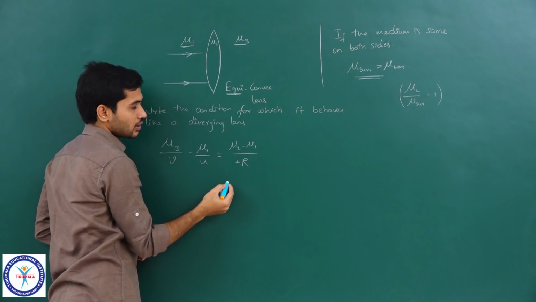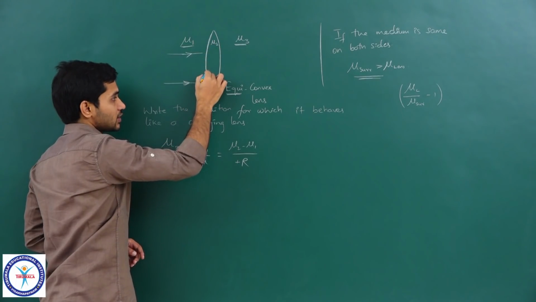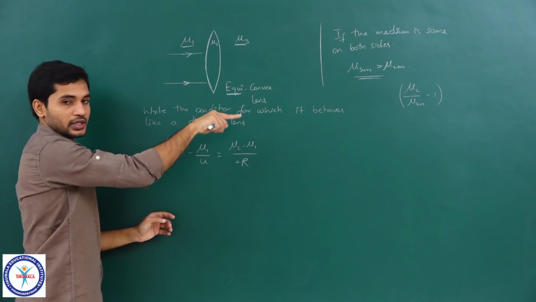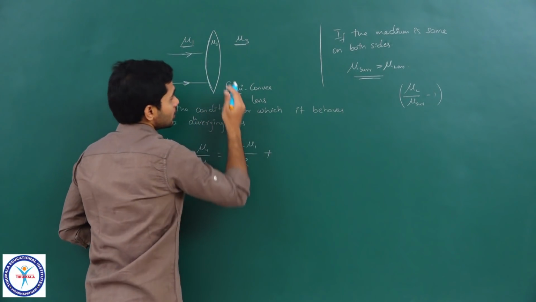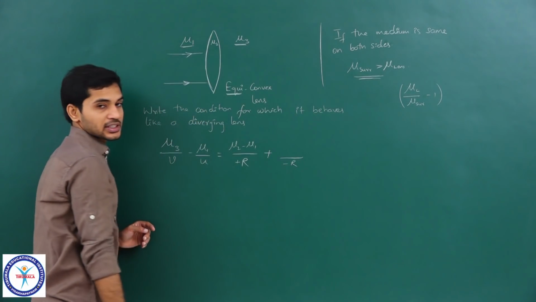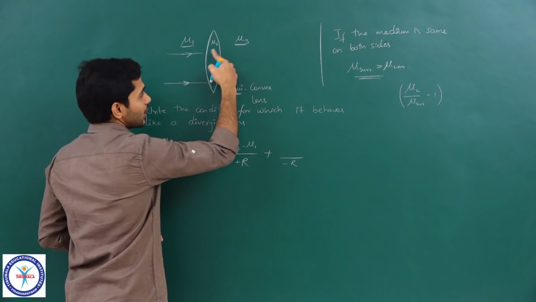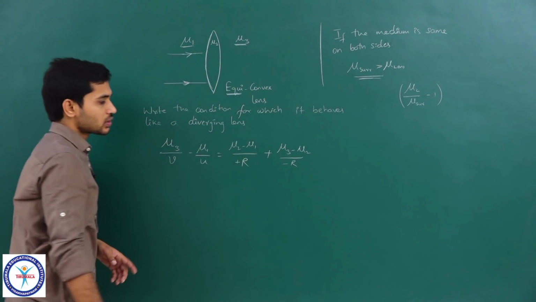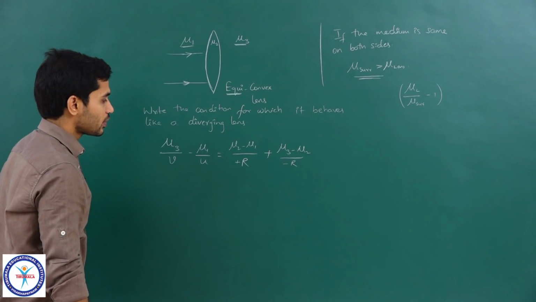It will be plus R. Why? Because this is the interface which has its center on that side and the light rays are also travelling that side, plus. Now, for this interface R will be negative, but the magnitude will be the same. Now, for this, what is final minus initial? Mu 3 minus mu 2. So, that is the expression which we would be getting.